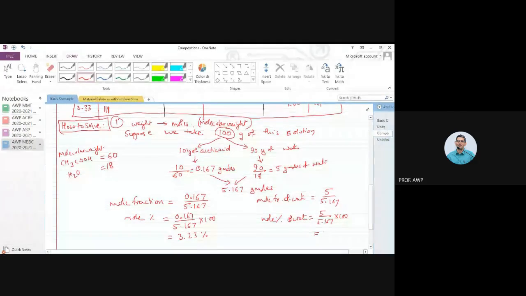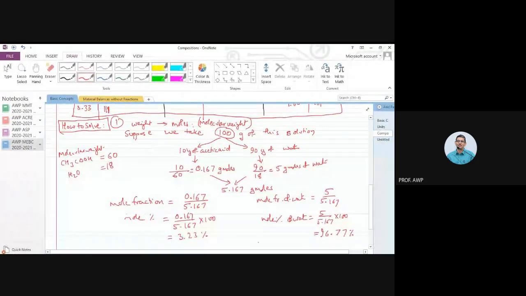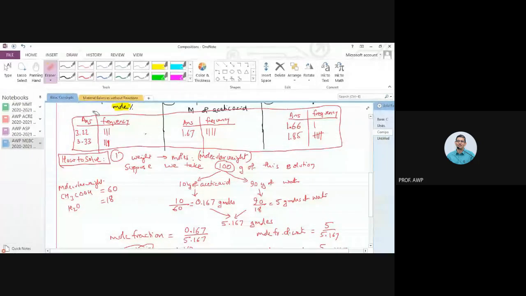It is 96.77%. Okay. So mole percent of acetic acid in the mixture is 3.23%. Mole percent of water in the mixture is 96.77%. Right? So this is right.